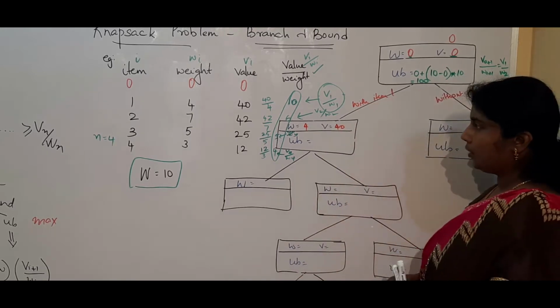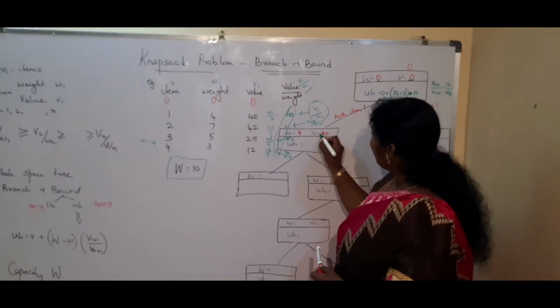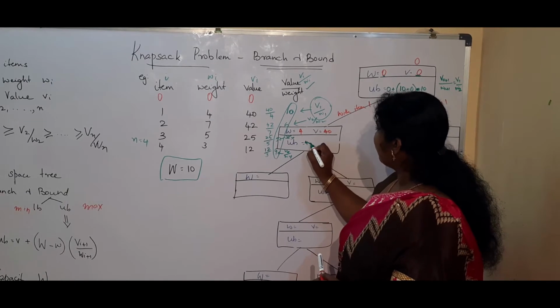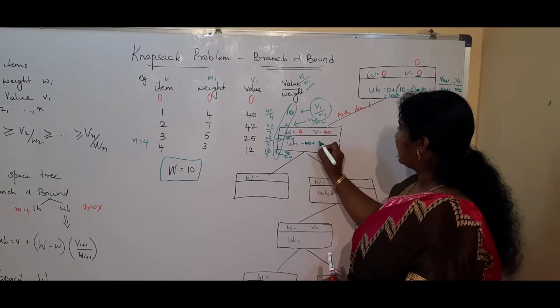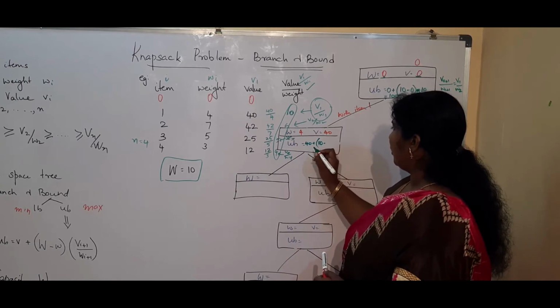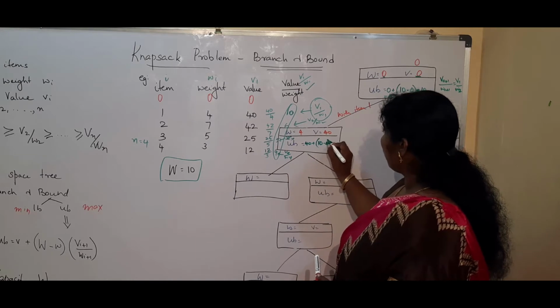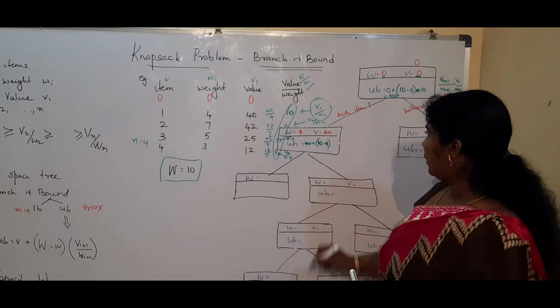So how do we calculate the upper bound now? Upper bound, V is equal to 40 plus this value 10 minus the weight, which is 4.